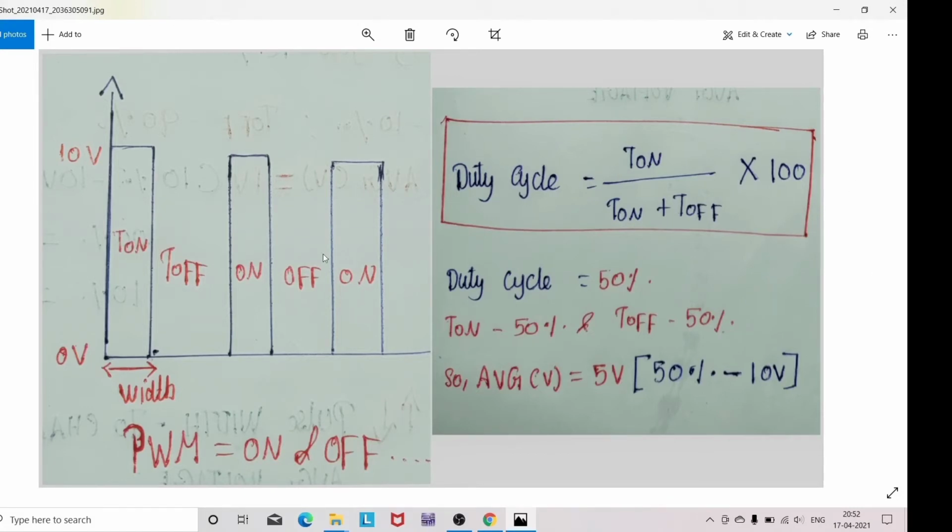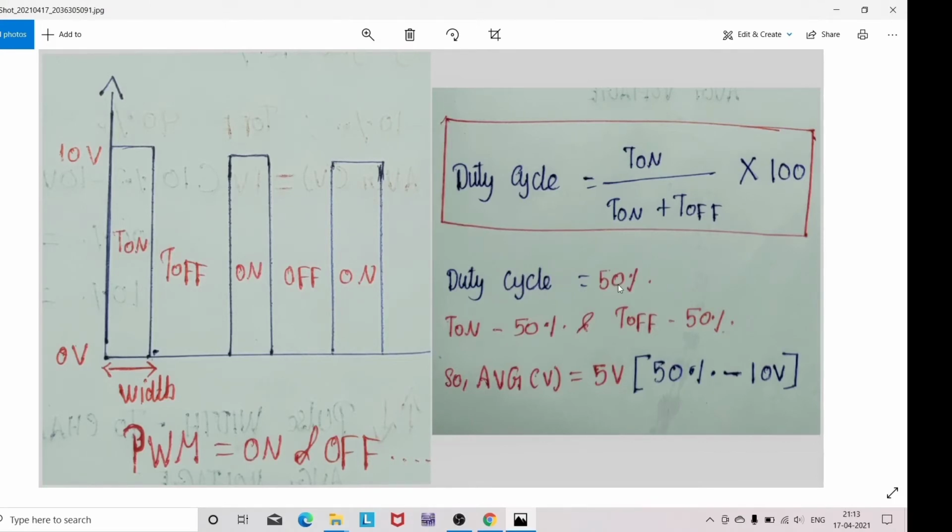Time period is T on duration plus T off duration. Substitute these three values and multiply by 100%. Then we get a percentage value. The answer will be in percentage.